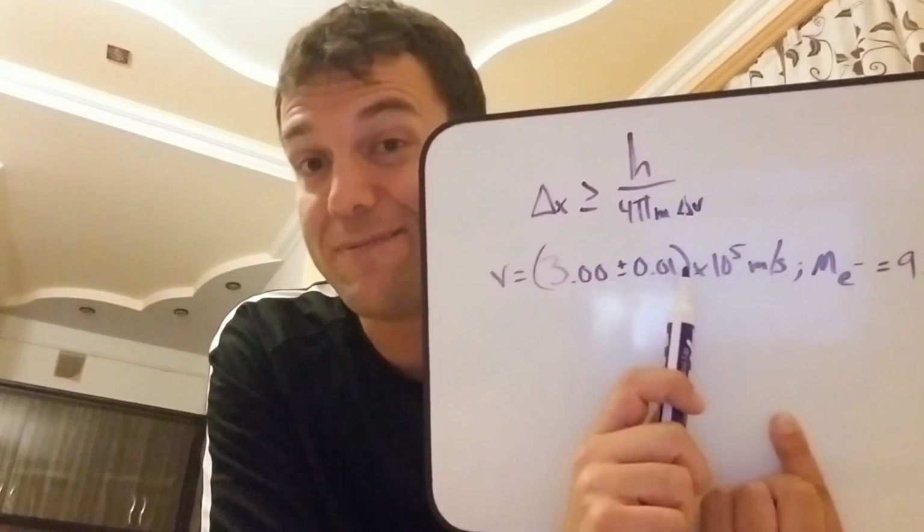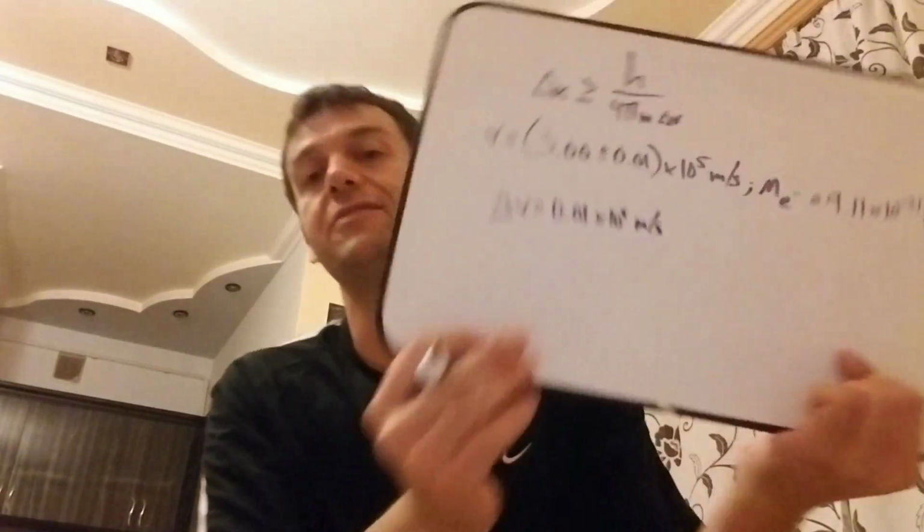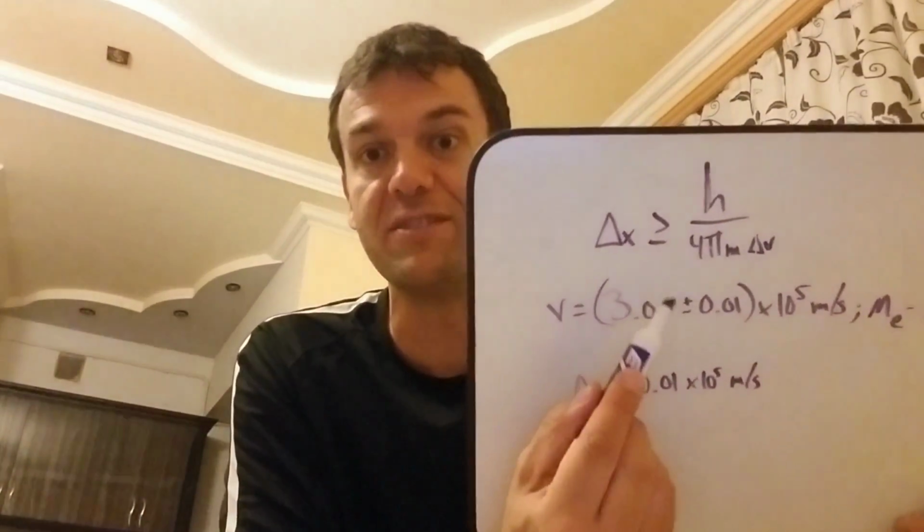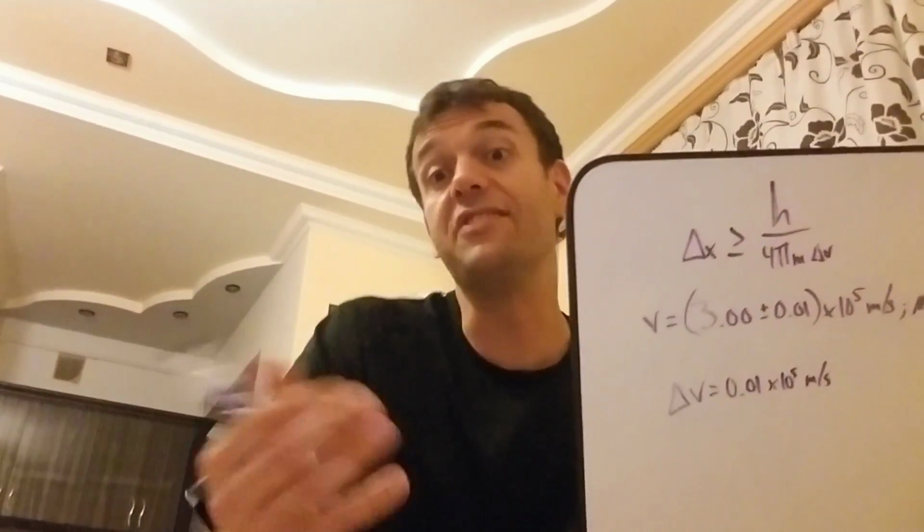Because all this stuff is still times 10 to the 5th. So, the delta v you want to use is 0.01 times 10 to the 5th meters per second. Or basically anything that comes after the plus minus. That's all it is. And then it's just a plug and chug problem.